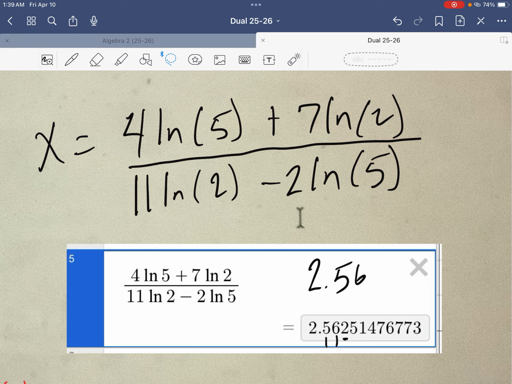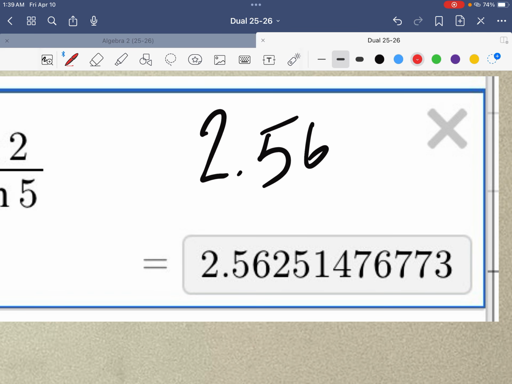Yep, there it is. And remember, this one's only going to be rounded to 2 decimal places, because that's what the directions say on the last question. So 2.56. Should it be 2.57? No, because that's a 2, and 2 is not 5 or bigger, so you can't round that up. So leave it 2.56.